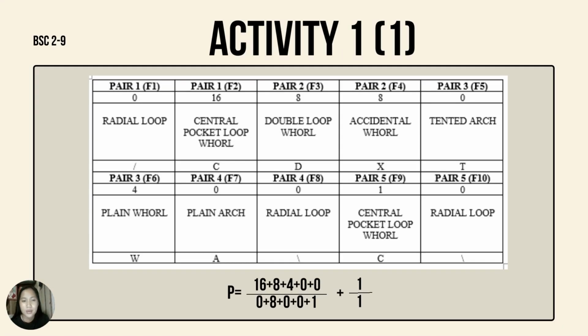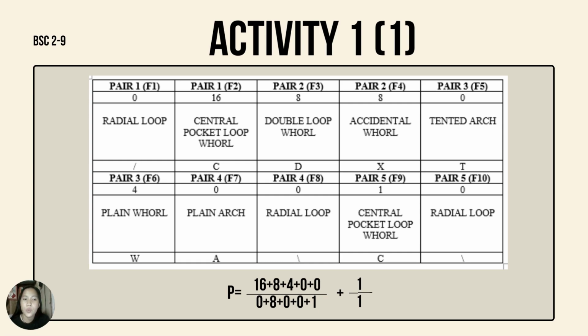For number 1 in our Activity 1, the radial loop for finger 1, the tented arc for finger 5, the plain arc, the radial loop, and the radial loop also in finger 10 have no values, because they are not included in our four whirl patterns that have values.